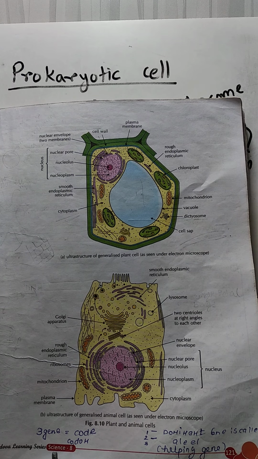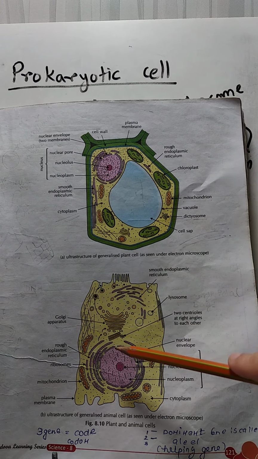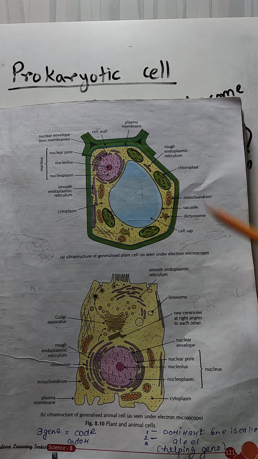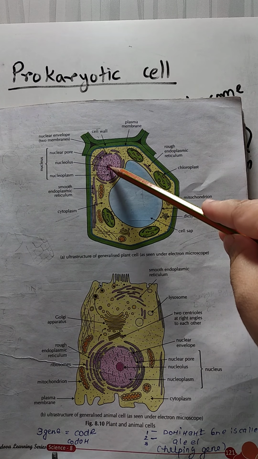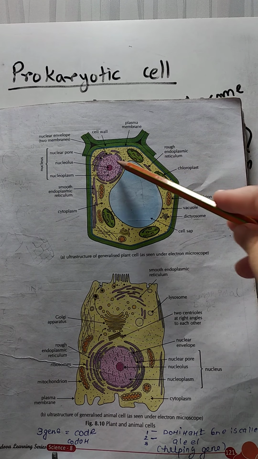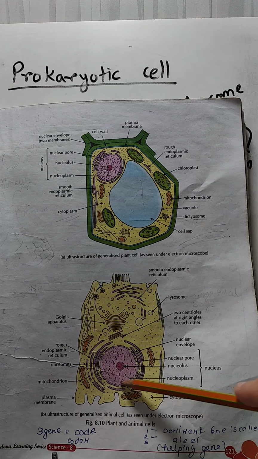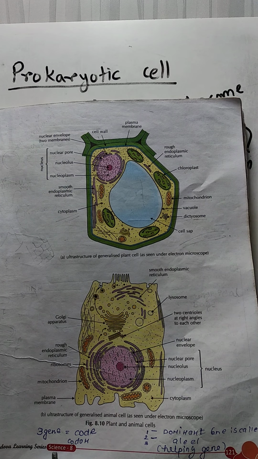Then here we can make a difference. See, this is the nucleus of the plant cell and this is the nucleus of the animal cell. For a plant cell, a well-defined nucleus is present. Well-defined means the nucleus has a well-defined boundary. Here also the nucleus has a well-defined boundary, whereas in the prokaryotic cell it was not present.